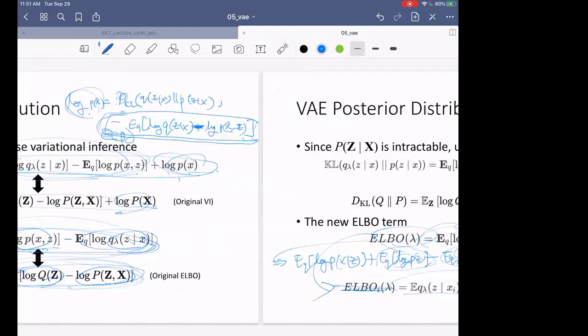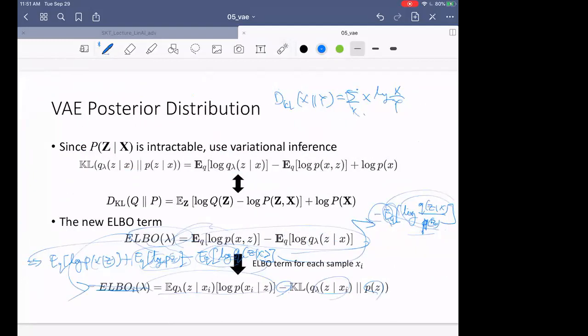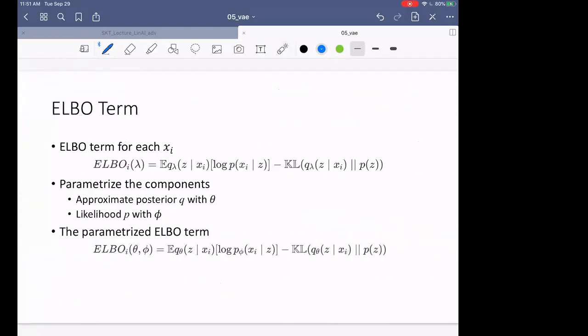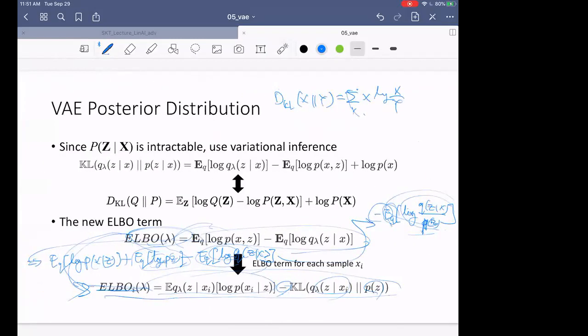Okay, this should be a minus. I'm sorry about that. All right, so the reason that we rearrange the terms of ELBO to this weird looking thing is because there is one more thing we need to do. We have the likelihood function here, and we have the posterior function here, right?